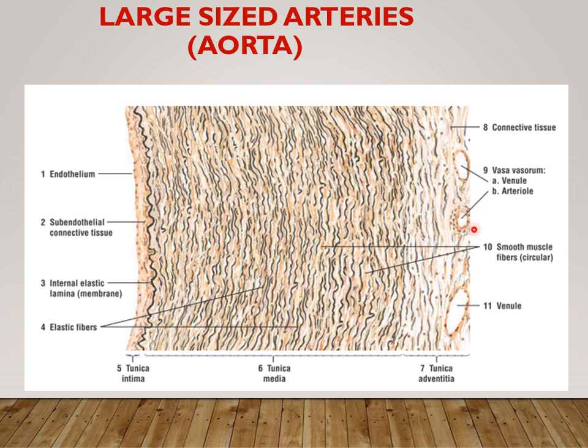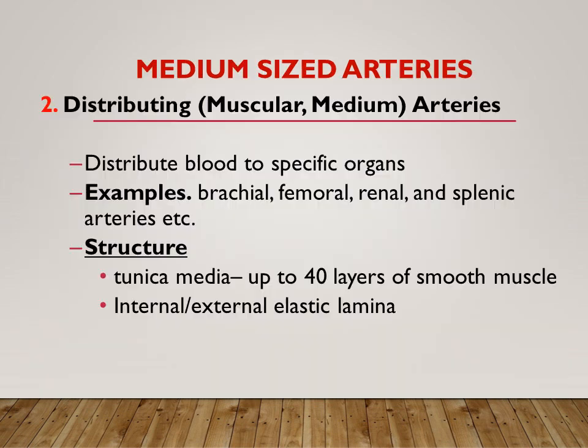So the next important type, next to the large size arteries, is the medium size arteries. These are the distributing arteries functionally, and they are also known as the muscular arteries.